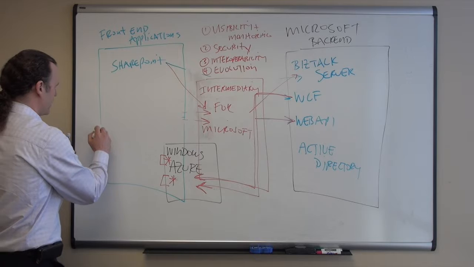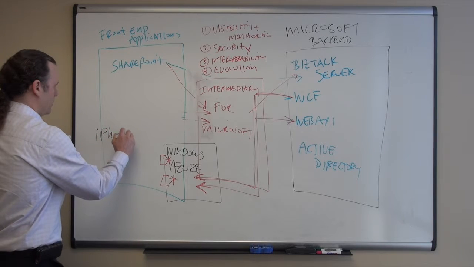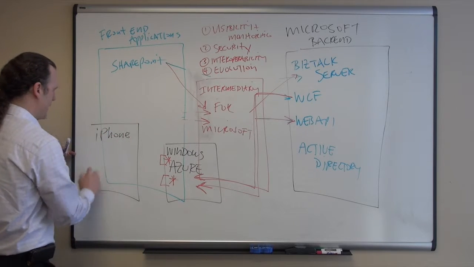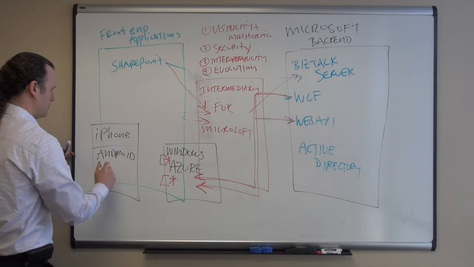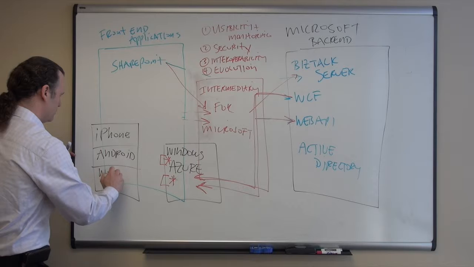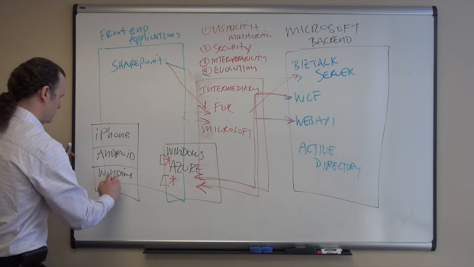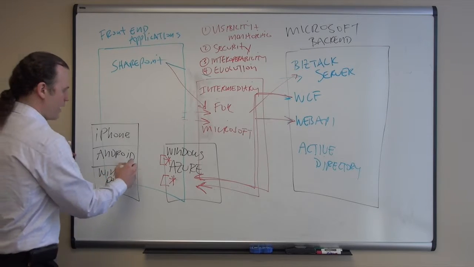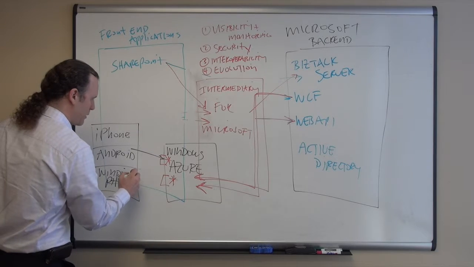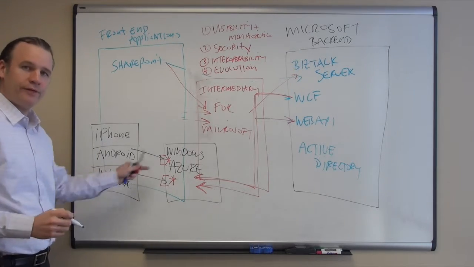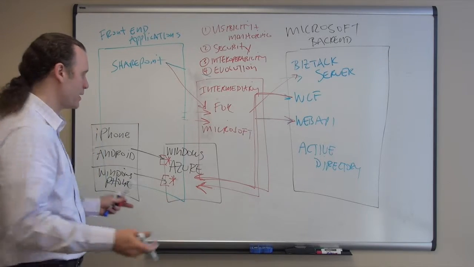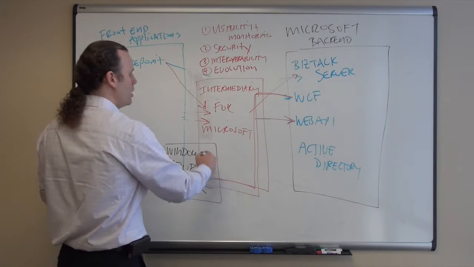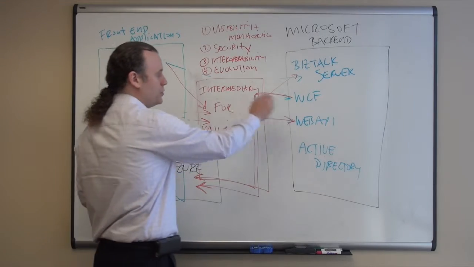I'm going to draw also in black here, sorry for the overlapping, but we're going to have things like iPhone, Android, and Windows Phone. And they can now access these APIs as if they were running out on the cloud. Every invocation from iPhone, for example, to do a customer lookup or to order a new product is going to go through Windows Azure, through Intermediary from Microsoft, and then to your backend.